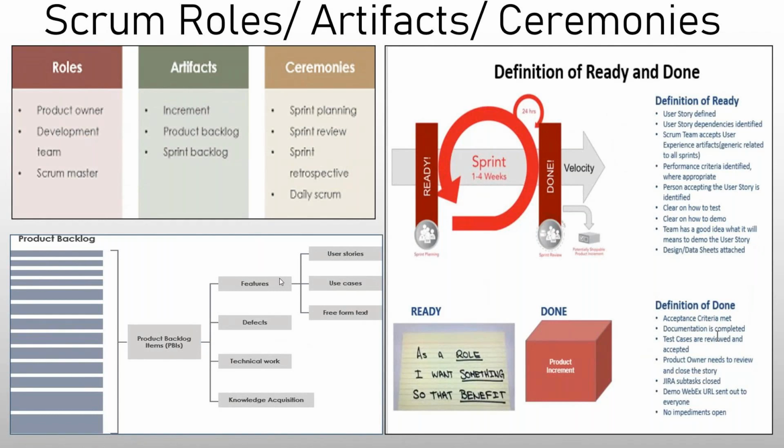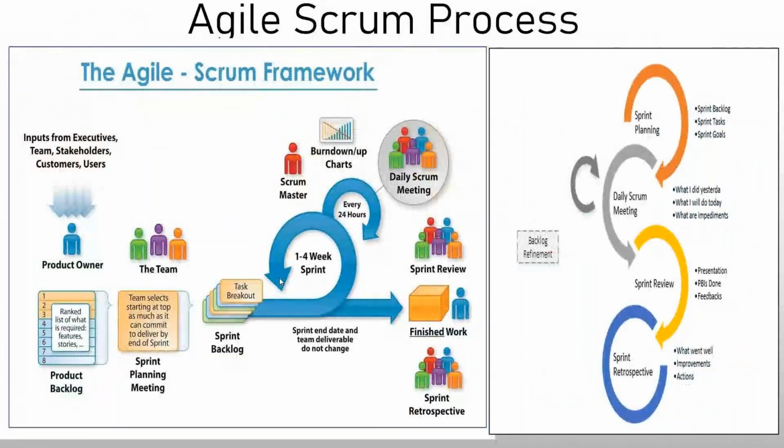As I was saying, if you are following the waterfall method, the Word document format, you have seen that, right? There is a big format where you define the requirement, everything in one place.